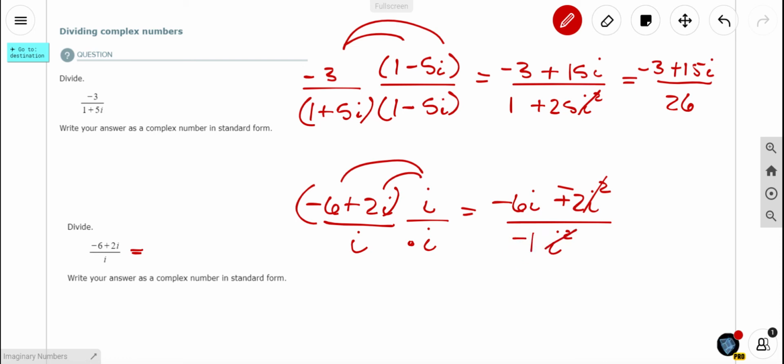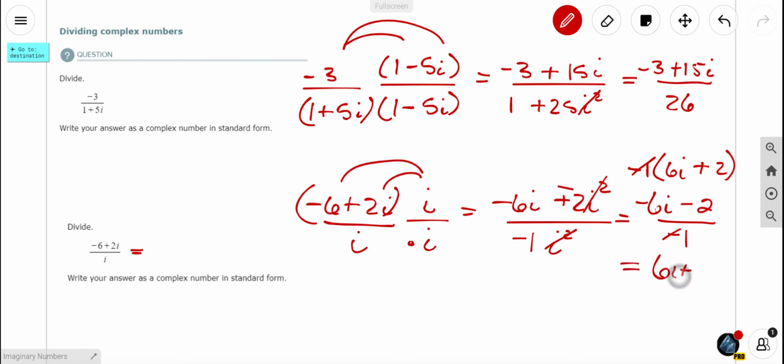Now, what does that do? That's so many minus signs to deal with. You have negative 6i minus 2 over -1. Well, this -1 is basically going to change the sign of all of these. We could factor out a -1 on the top if you want to be real delicate about it, and then you could cancel your -1s, and then you would just get 6i plus 2.